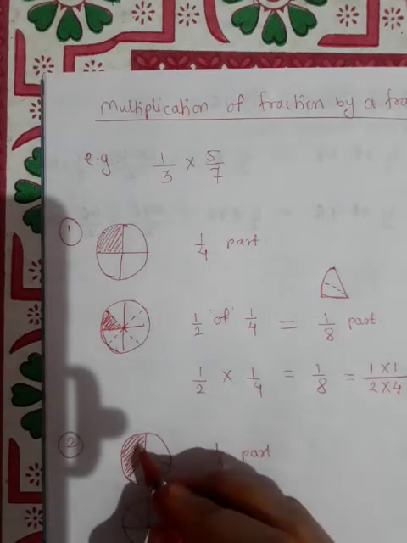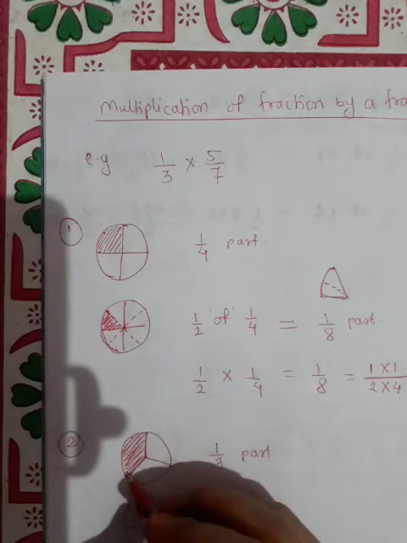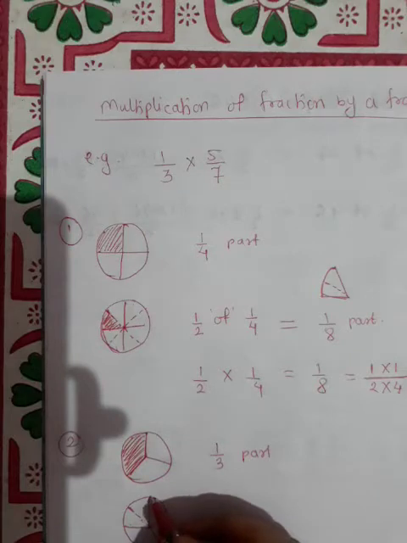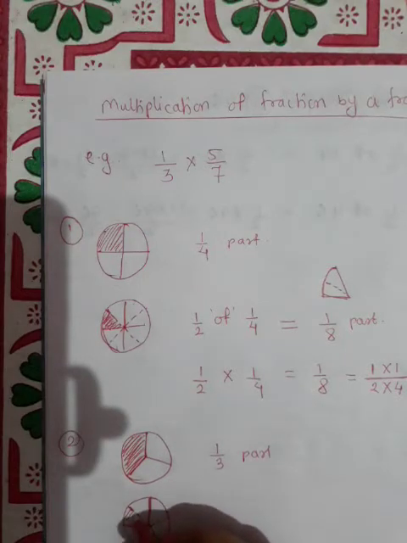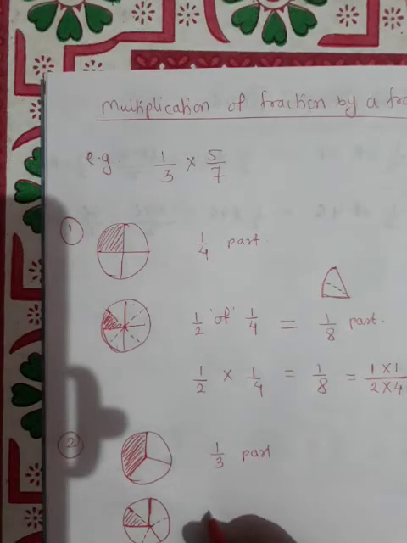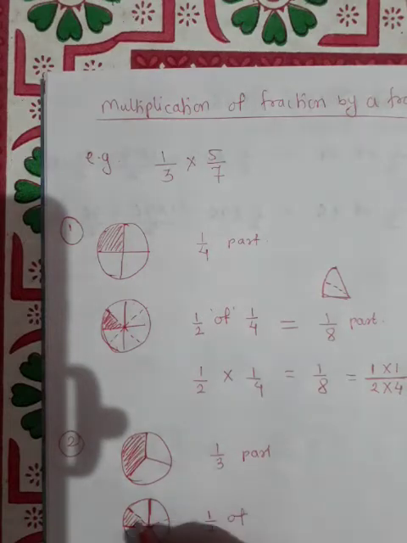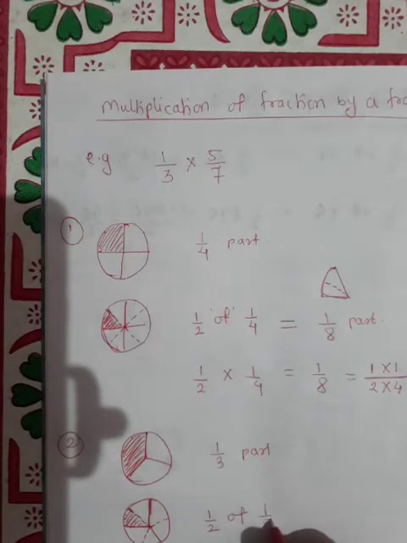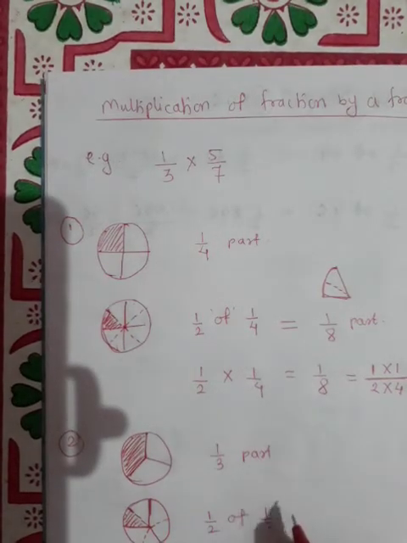If we divide each shaded portion into two equal parts, this is our shaded portion, and we divide it into two equal parts, so this shaded region is half of this shaded region, and this shaded region is 1 by 3, so this is 1 by 2 of 1 by 3, half of this part.